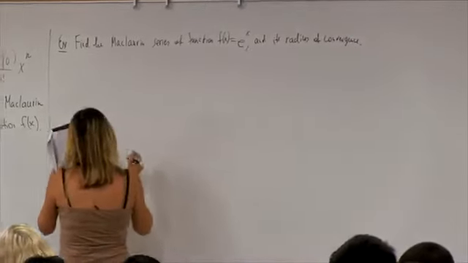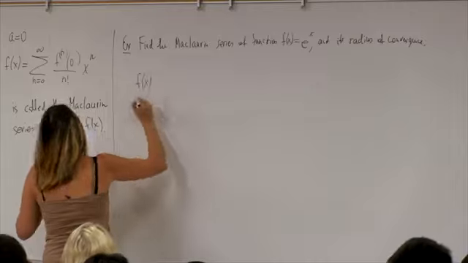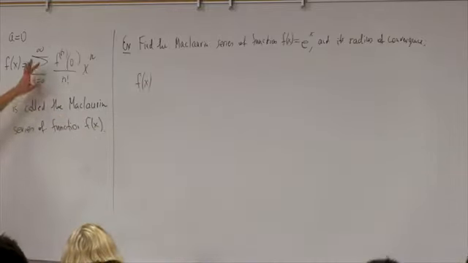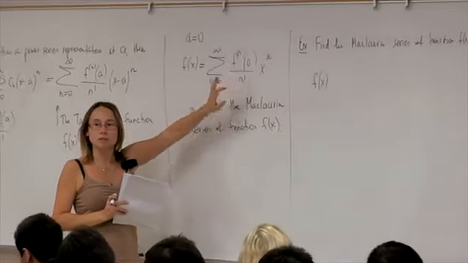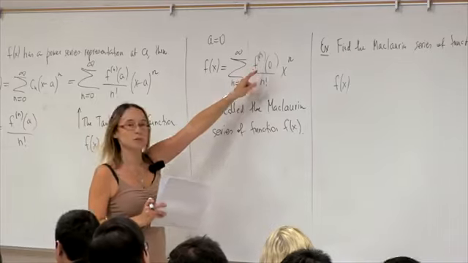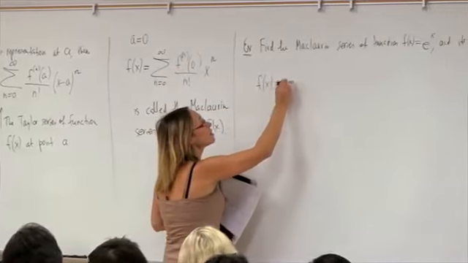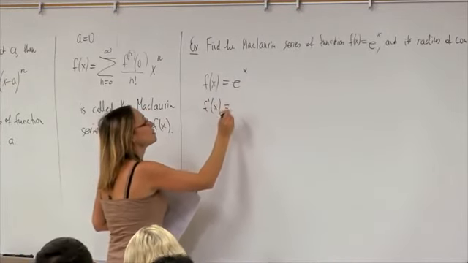So if f of x, in order to write down the Maclaurin series, I have to evaluate the derivatives of f at 0, the infinite number of them, right? The first derivative, the second derivative, and so on. Let's do it for the exponent. So if f of x is equal to e to the x, then what's f prime of x?